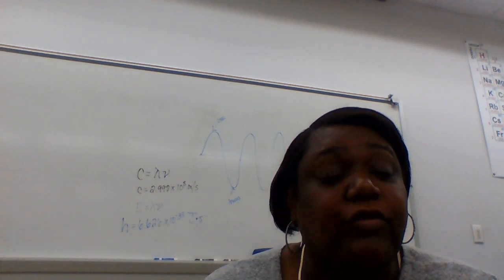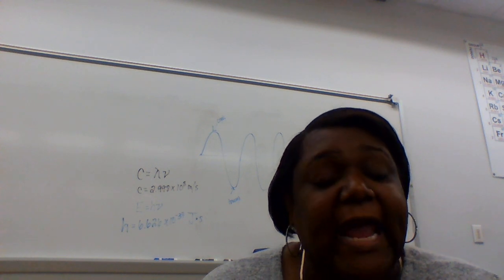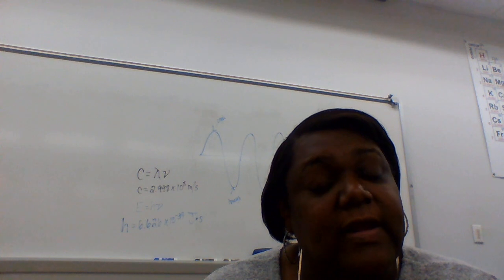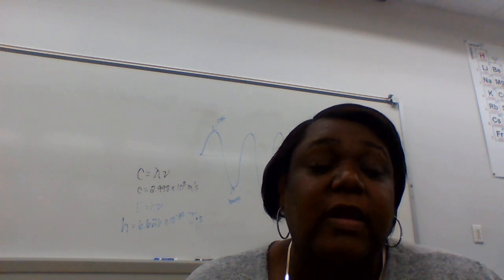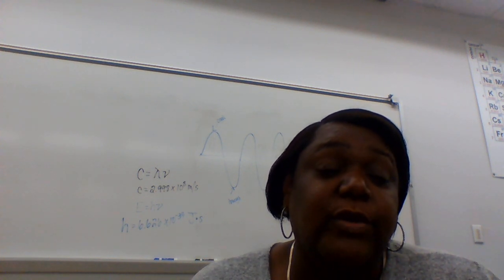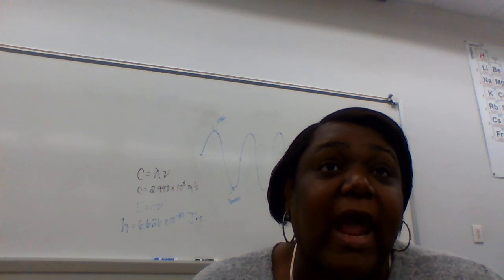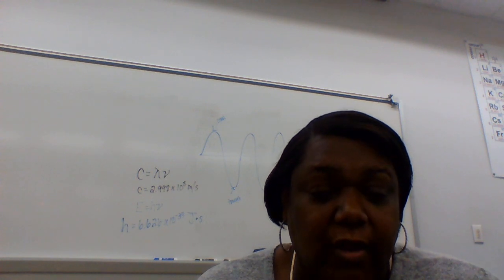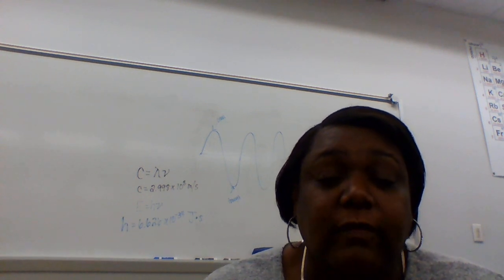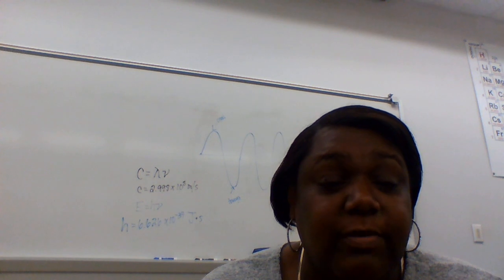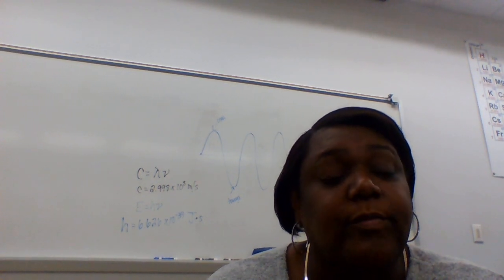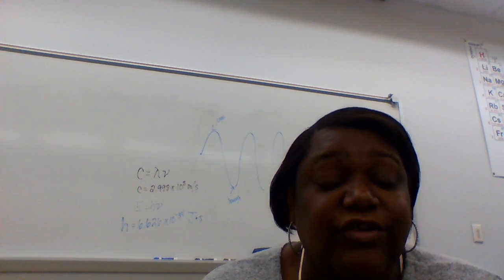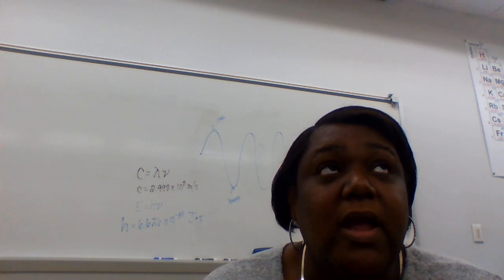The next thing that's talked about in your book is your quantum numbers. And if you'll think of quantum numbers as GPS coordinates, just like with GPS, you're given a latitude and a longitude. Quantum numbers are actually a specific location for a specific electron. And so there are four basic quantum numbers that you need to be familiar with. The first quantum number is your principal quantum number, and it basically tells you what energy level the electron is located on.